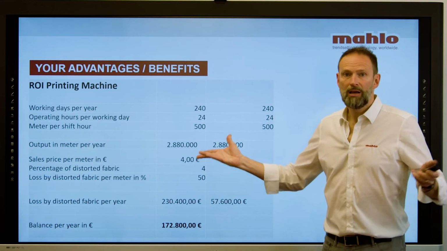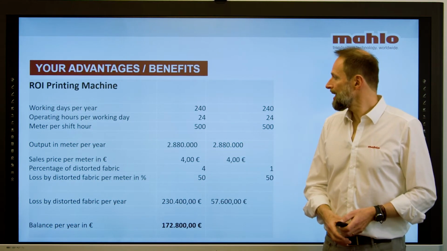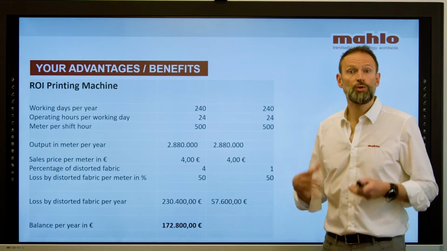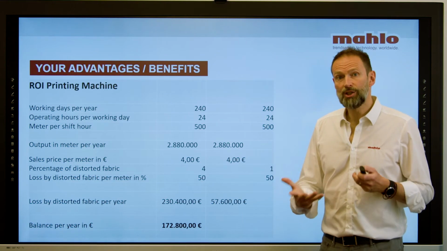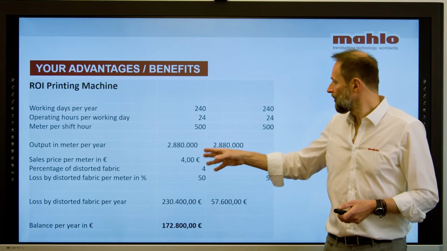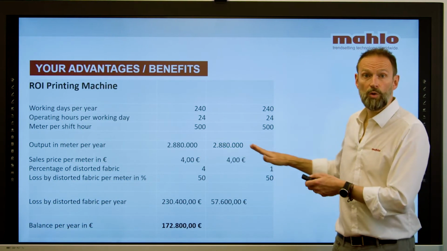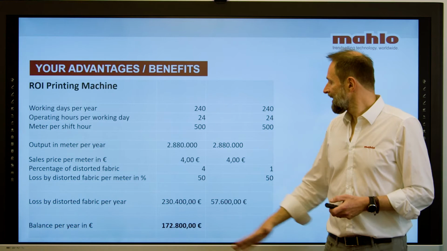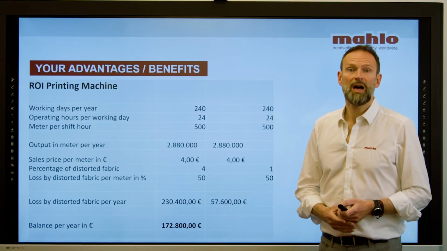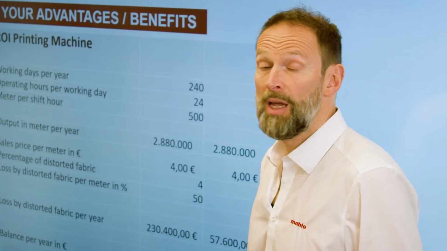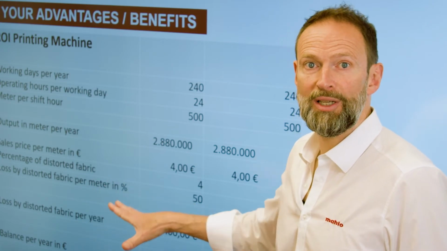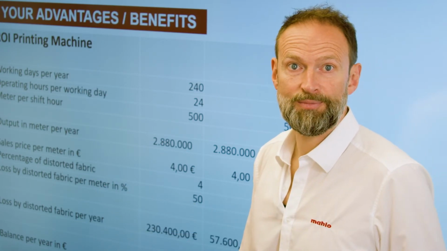We were calculating just four euros per meter, and if you would be able to reduce the percentage of reprocess or rejects from 4% down to 1%, then you could save 170,000 euros. 170,000 euros is a lot of money, and this would be only for the first year.